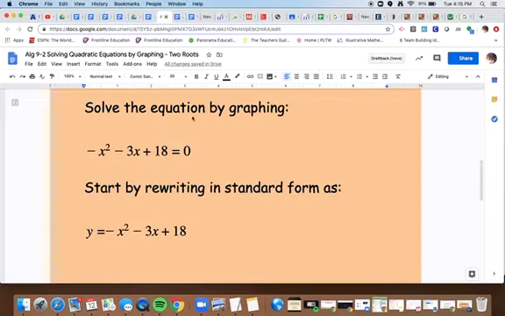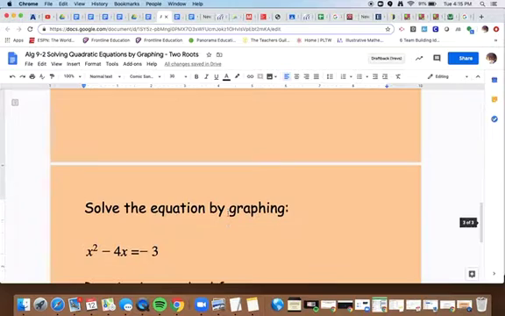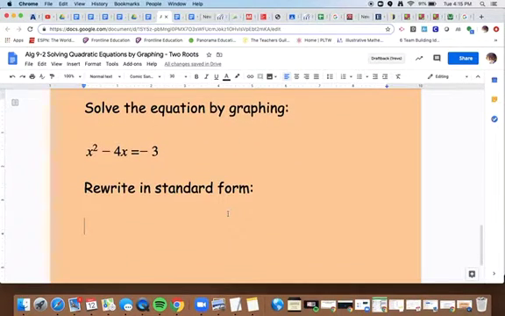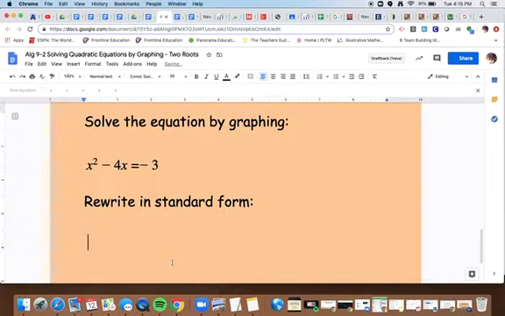Hopefully that makes a little sense. Let's look at another one. Solve this equation by graphing: x squared minus 4x equals negative 3, and we want to write that first in standard form. So I'm going to put on my equation editor and go y is equal to x squared minus 4x, and notice how the negative 3 is over here.